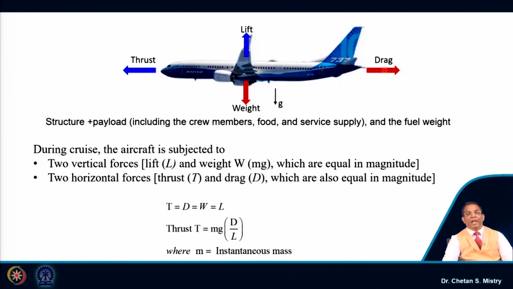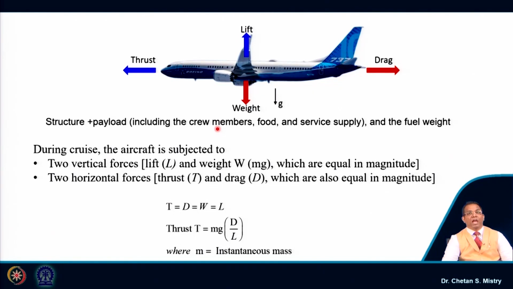We know the drag faced by my aircraft is handled by my thrust, by which means we have the forward movement. Here the weight we are discussing is the structure weight, maybe payload, which includes crew members, food, service supply, etc.